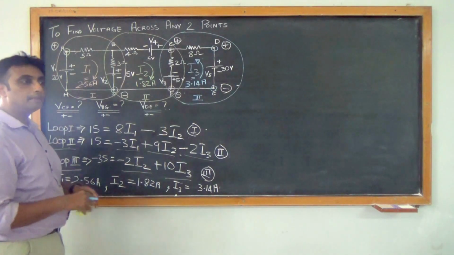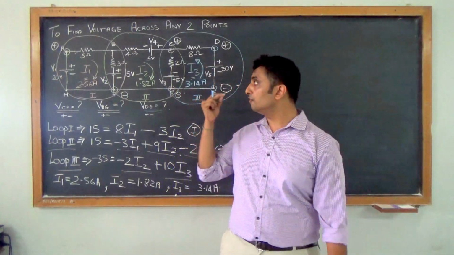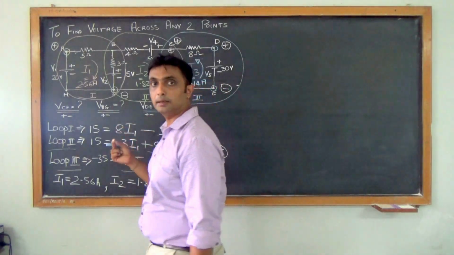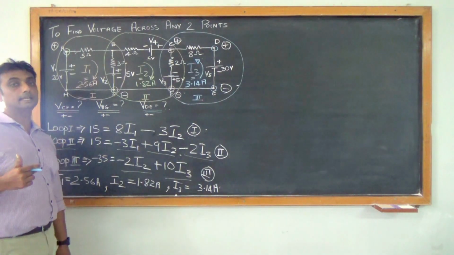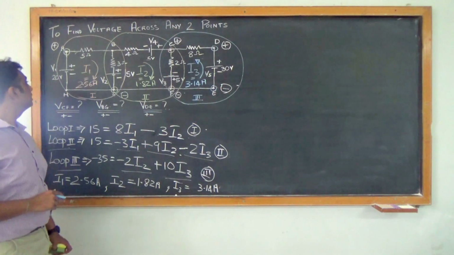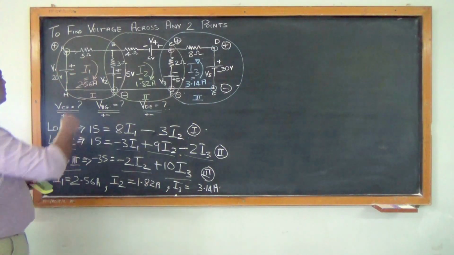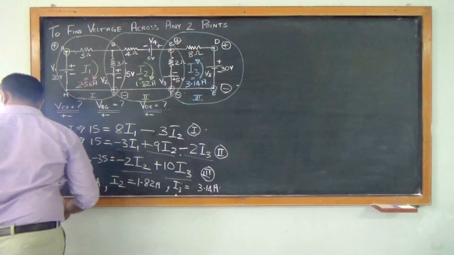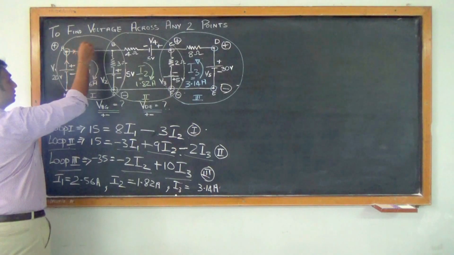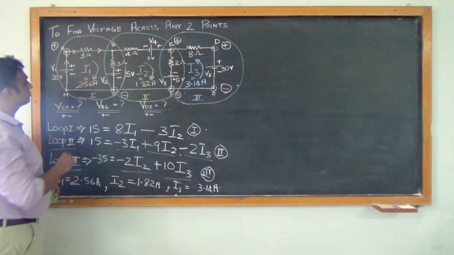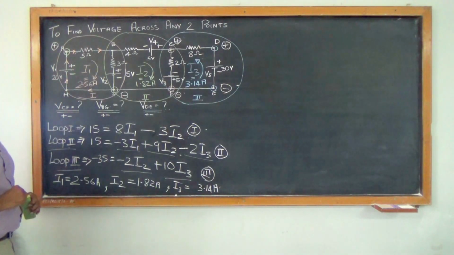Now when your current basically moves from positive to negative, the first terminal that it touches becomes positive and the second terminal it touches becomes negative, as that of a resistor. That means, say, in the I1 loop, the direction of current I1 will be this, as per the loop.